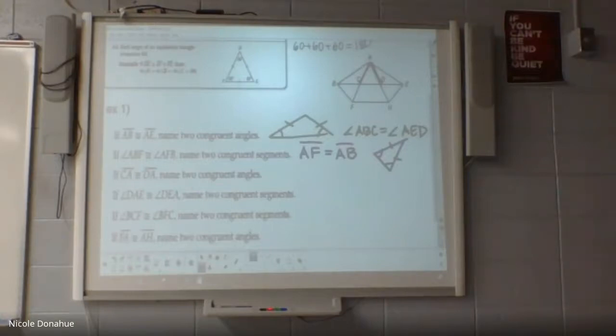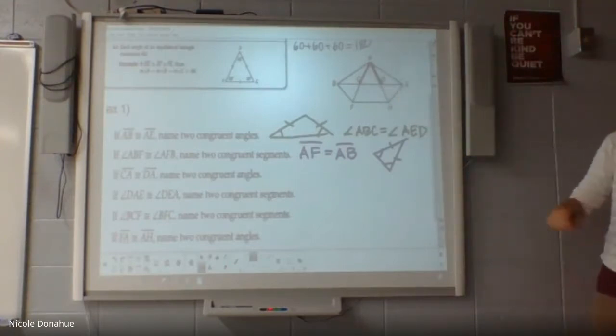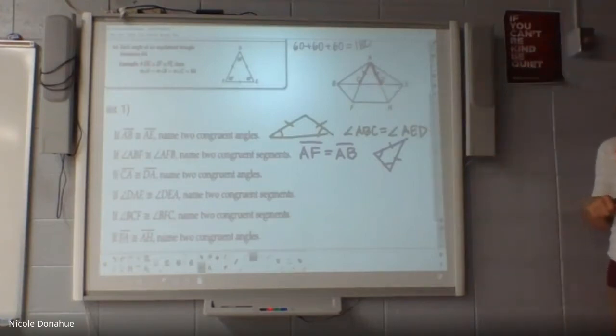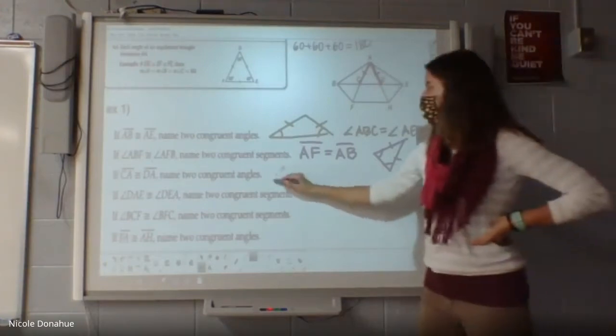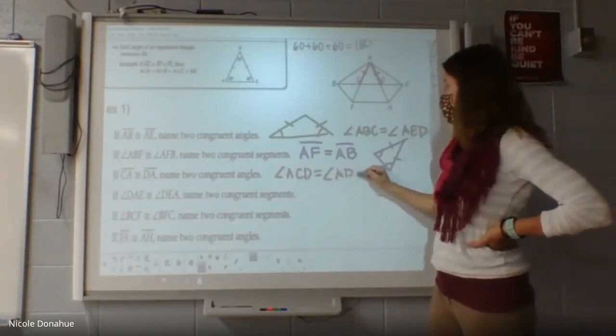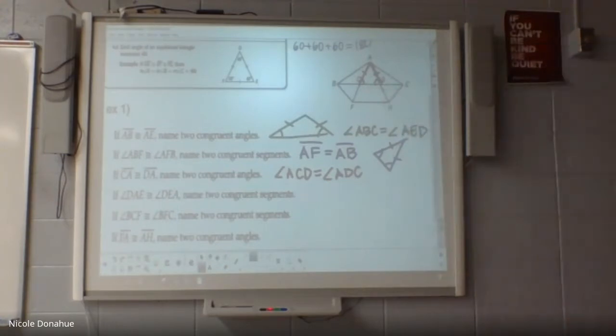Which ones are going to be congruent on this one? Greg, you can tell us. So these are our two congruent sides. That would be ACD. Yeah. ADC. Very good. ACD and ADC. These base angles there. Okay.